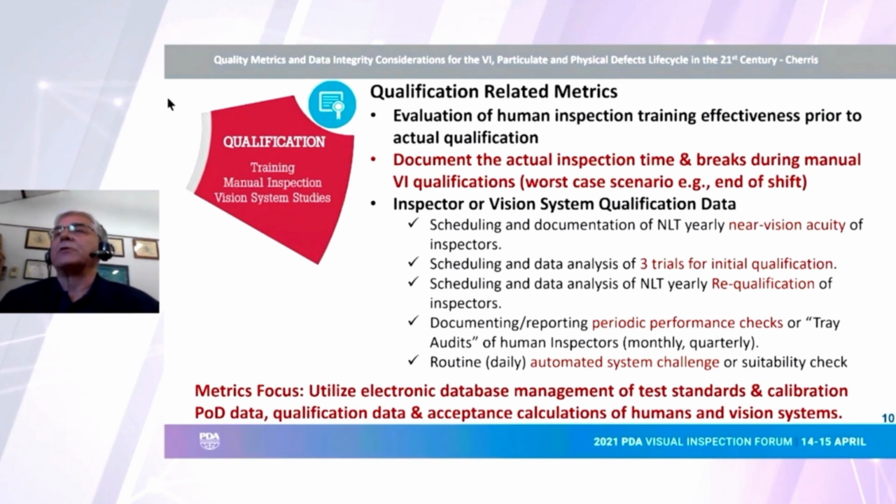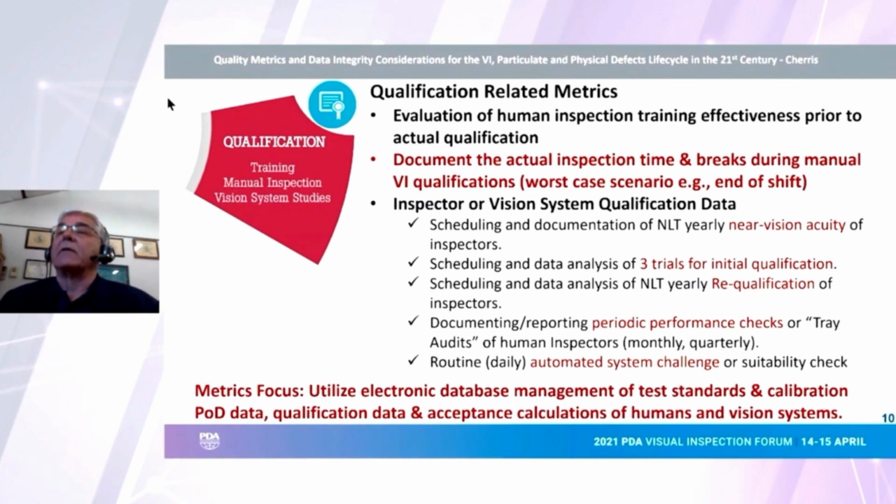The inspector or vision system qualification should include near vision acuity, which requires scheduling and the storage of documentation. Not less than 3 trials for initial qualification, and that requires scheduling and data analysis and documentation.